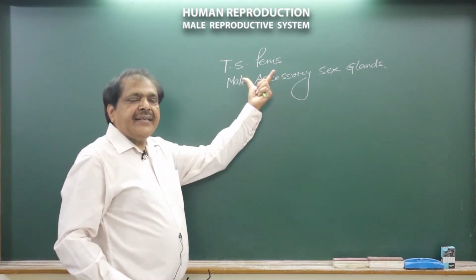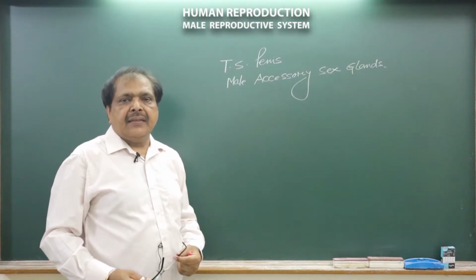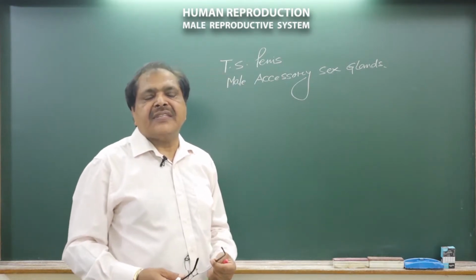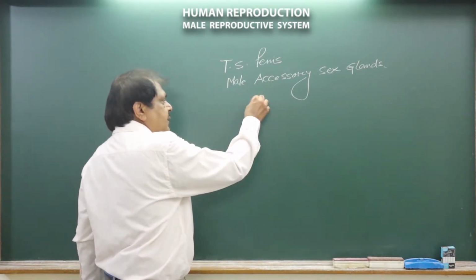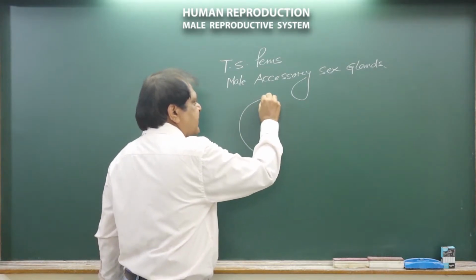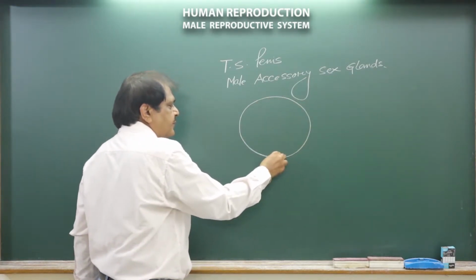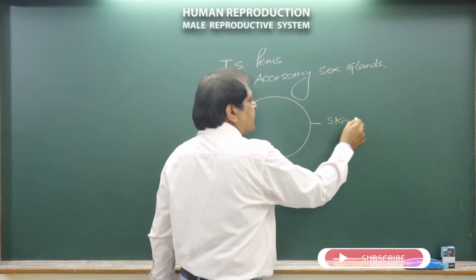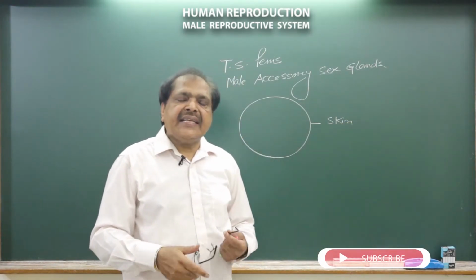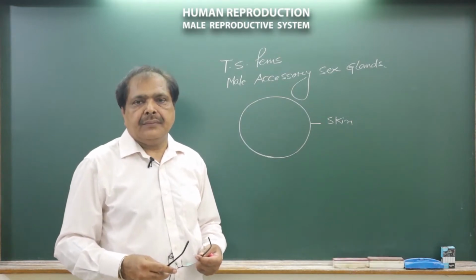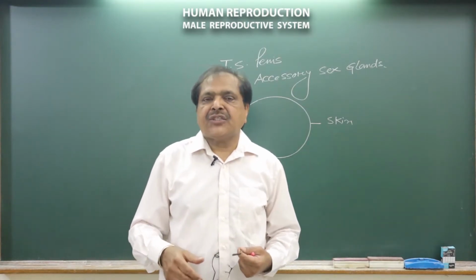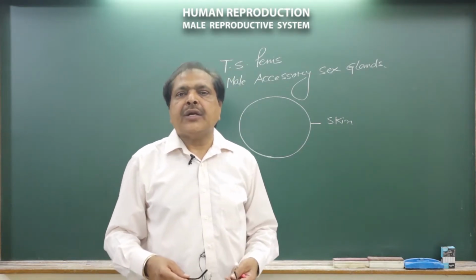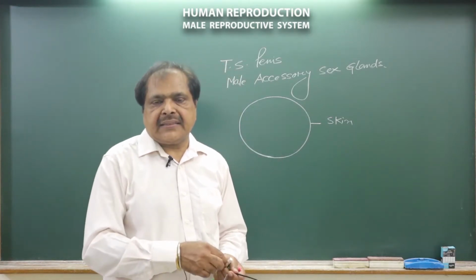Though as such we have studied about the penis, let us see how this structure looks like when we cut the transverse section of the penis. This is the skin. I told you there are three erectile tissues which are responsible for the erection of the penis during sexual arousal or sexual intercourse, or we call it coitus.